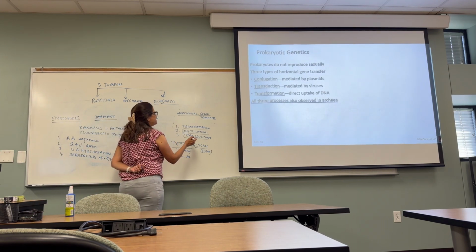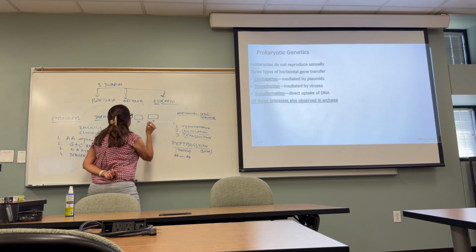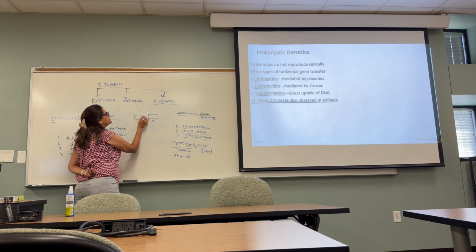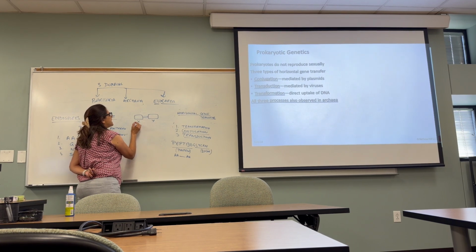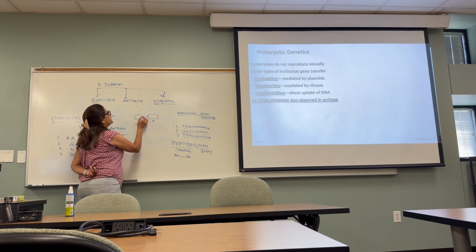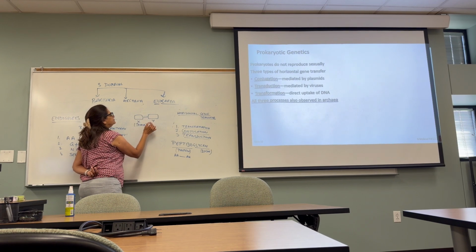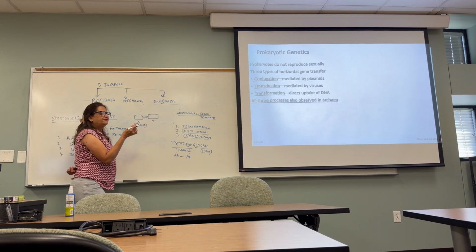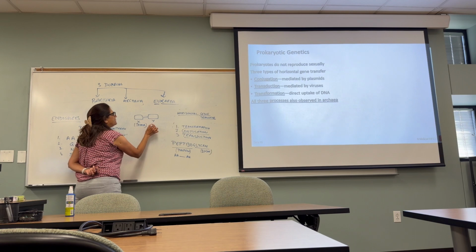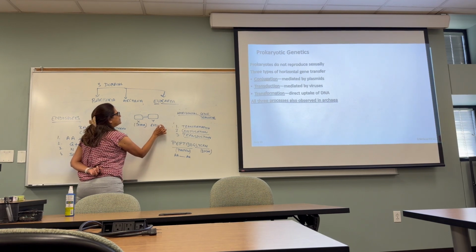In conjugation, what happens is that a sex pilus is formed. This is called a sex pilus. Bacteria X is your donor cell. It will form a pilus which will attach to bacteria Y, and now bacteria Y is your recipient.